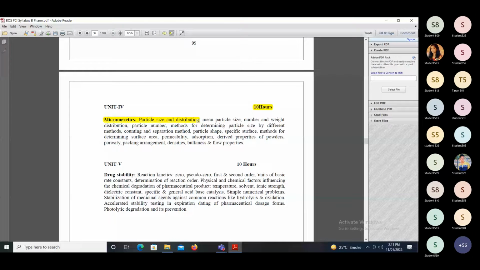How many particles are present in the formulation, or the total number of particles, you have to determine. Then the next heading is the different methods used for determination of the size of the particles.